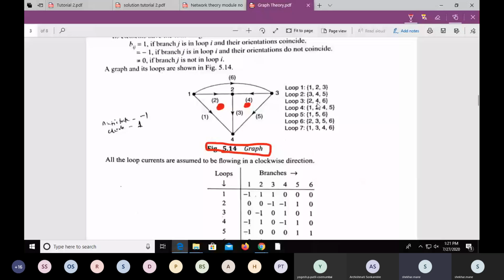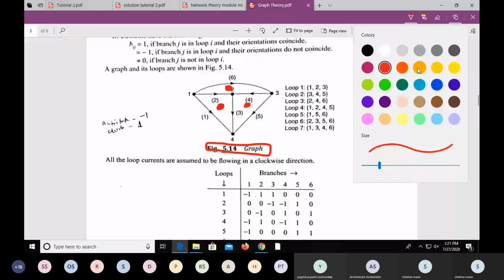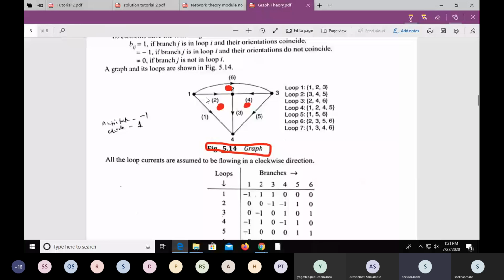This is loop 3. Next is loop 4, 1, 2, 4 and 5. These branches make one loop.